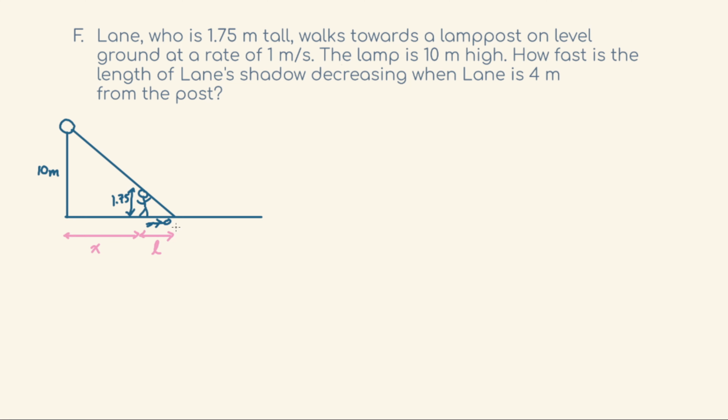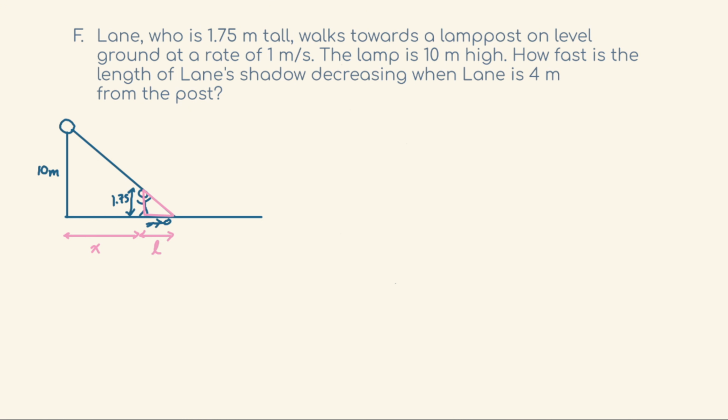Now, in this question, instead of using Pythagoras or any of those trig ratios, we're going to use a proportion. Because here, as you may notice, we have two similar triangles. We have this big triangle on the outside, and inside we have this triangle here. These two triangles are similar, so we can set up a proportion.